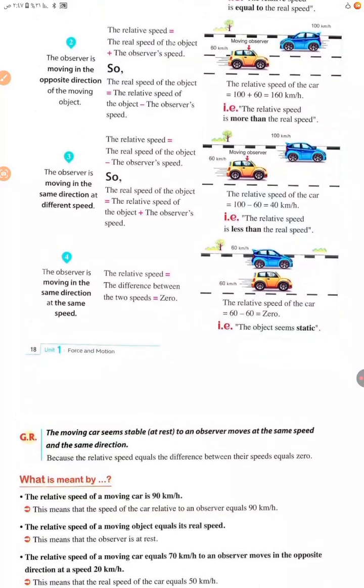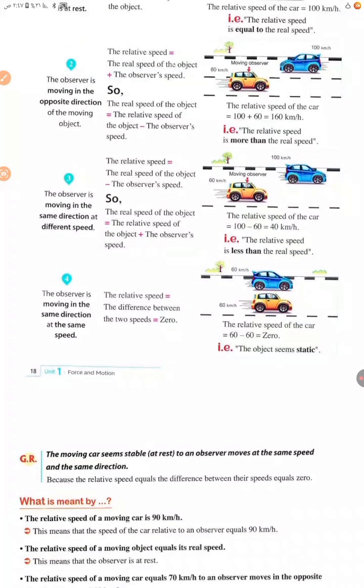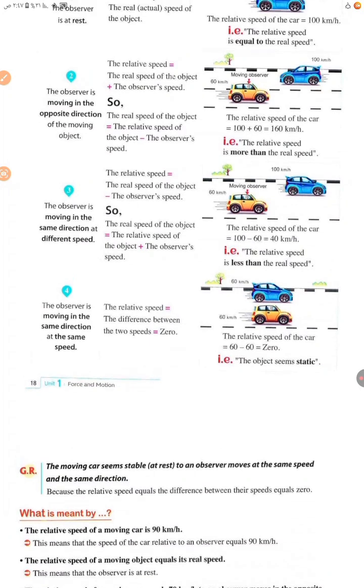Third case: the observer is moving in the same direction at a different speed, سرعات مختلفة. The relative speed equals the real speed of the object minus the observer's speed. So the real speed of the object equals the relative speed of the object plus the observer's speed. ومثال عليها, هما الاثنين في same direction, car A and car B. The relative speed of the car equals 100 minus 60 equals 40 km per hour.